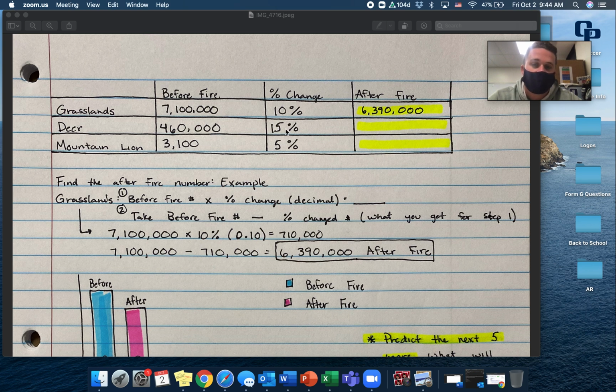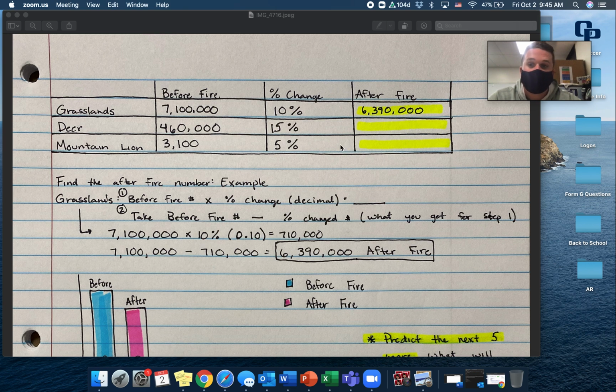I moved the decimal place twice, and I got 710,000. Then you're going to take that number and subtract it from your first number. So here again, I have 7,100,000, and I subtract the 710,000, and that'll give me my number for after the fire. In this case, it's 6,390,000. That's what goes in there.